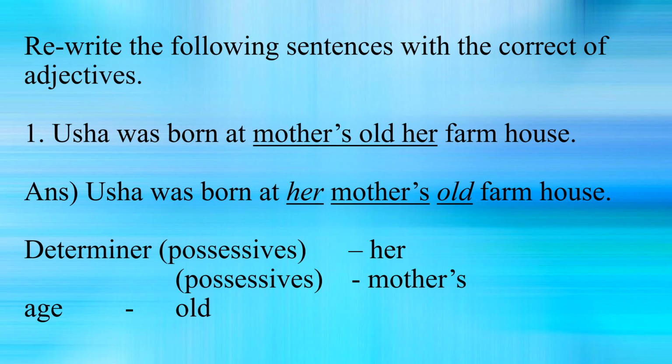So now, after writing these words in such order, let us try to read the sentence, whether the sentence gives a beautiful meaning. Usha was born at her mother's old farmhouse. Isn't it meaningful, students? So this is the way you need to arrange different adjectives in the adjective phrase in a proper order.